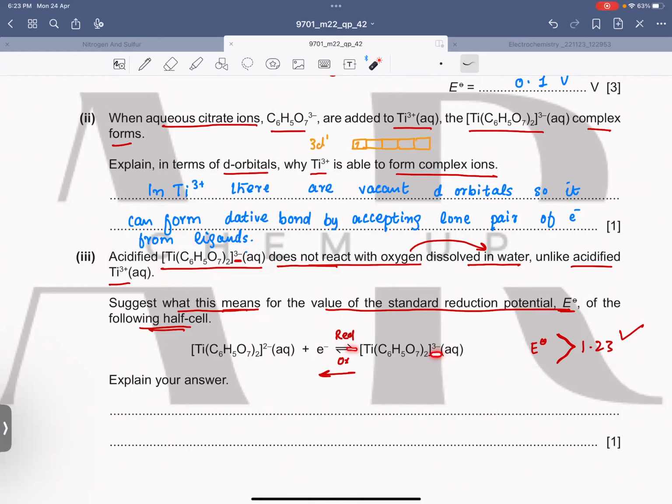So it means it would undergo oxidation when it reacts with oxygen and turns into this one. And for this, its E naught value must be lower than 1.23. But here they have informed us that it does not react with the oxygen in water, which clearly indicates that its E naught value is actually greater than 1.23. From this, we can conclude this from this statement.